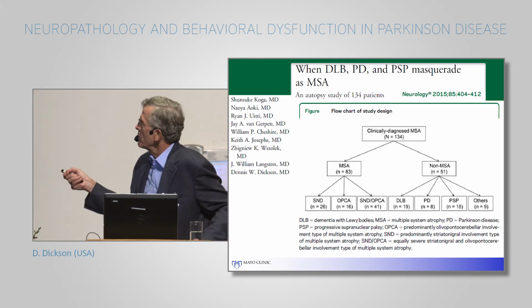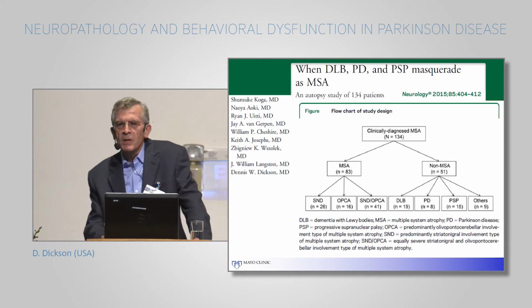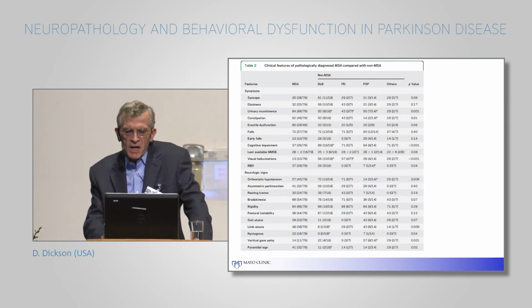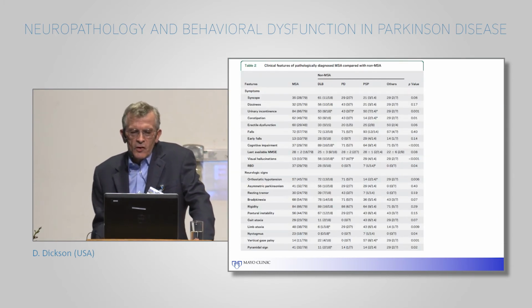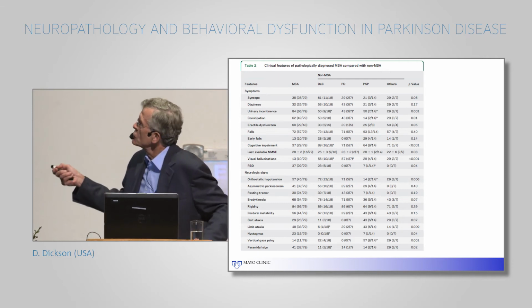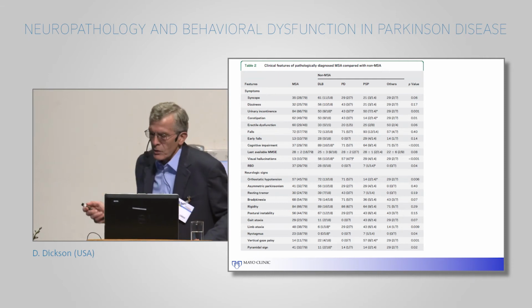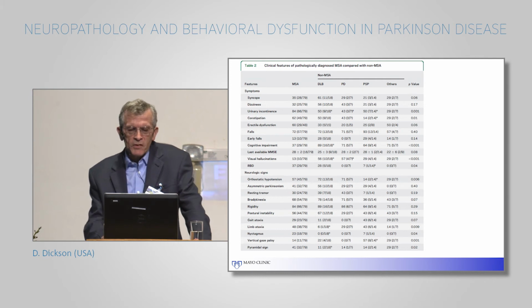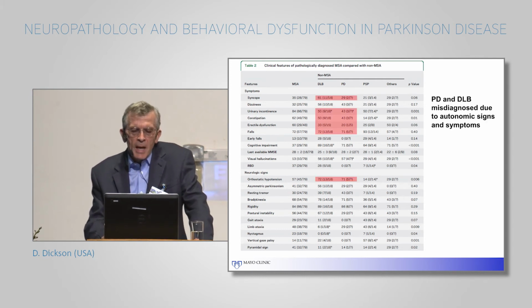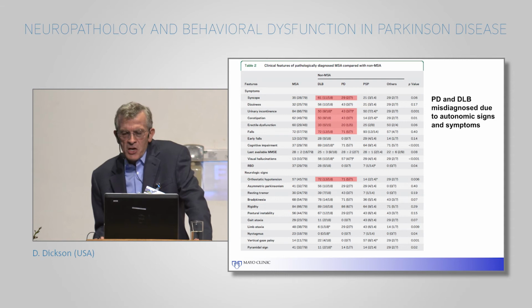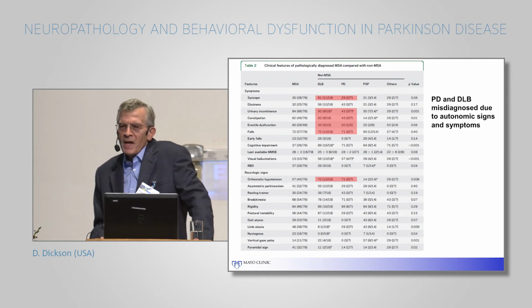But then there were a number of other disorders that mimicked or masqueraded as MSA. And so Shunsuke has organized the clinical features and neurologic signs in this table, which you can see from his original publication. But just the bottom line here is that when MSA is misdiagnosed, or when PD and DLB are misdiagnosed as MSA, it's because of the autonomic dysfunction.